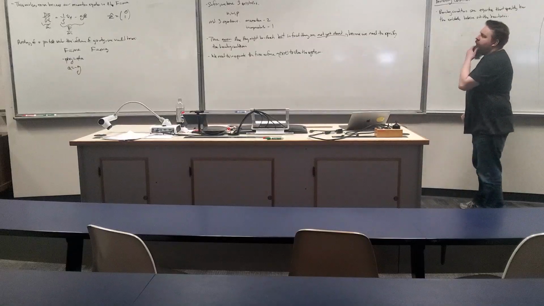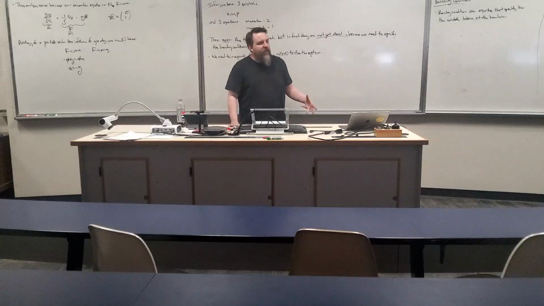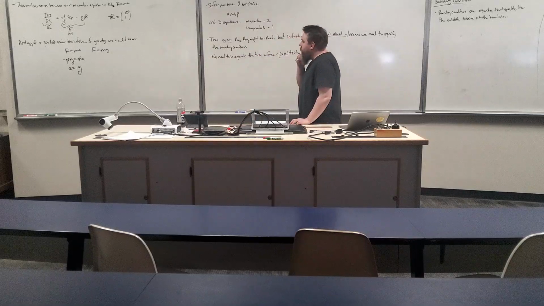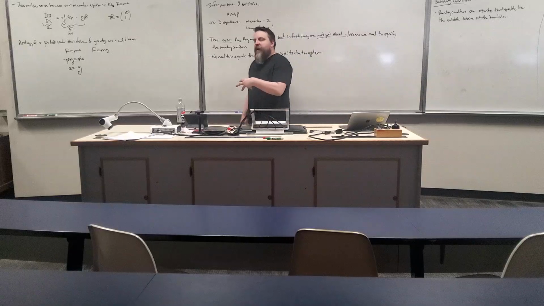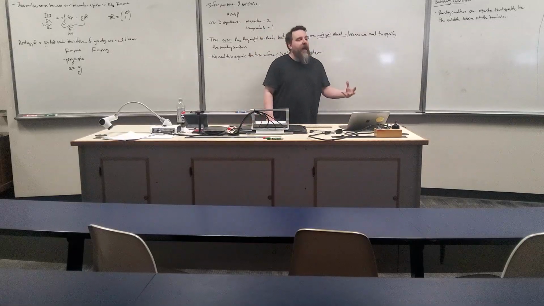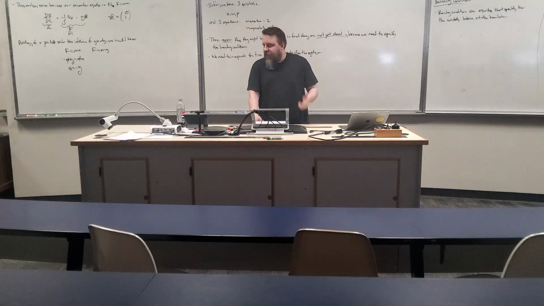I want to clarify something about counting variables and counting equations, which a few people were confused about on the midterm. When I say variables, what I mean is the dependent variables, the things that depend on space and time, like temperature, density, velocities.